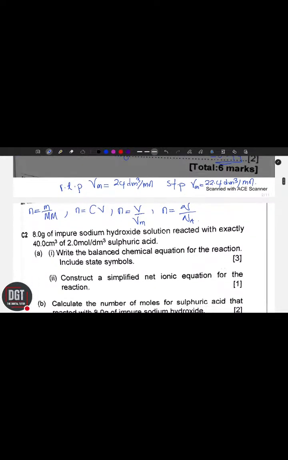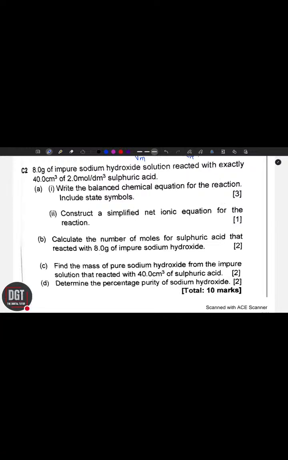Then of course, let us go to the third question that we are answering. 8.0 gram of impure sodium hydroxide reacted with exactly 40 centimeter cubed of 2 moles per decimeter cubed of sulfuric acid to prepare a salt.